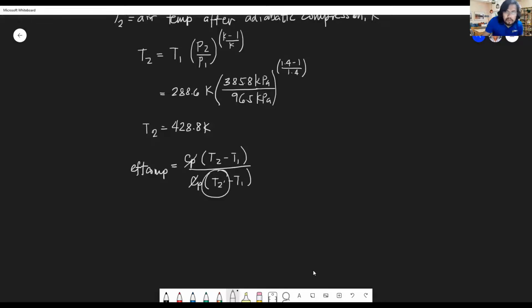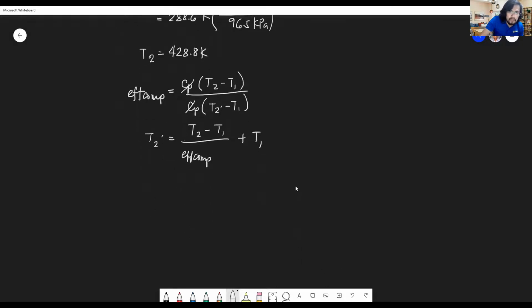We want to find T2 prime. To get that, we just reconfigure this equation. So T2 prime equals T2 minus T1 over the efficiency of the compressor, plus the T1.